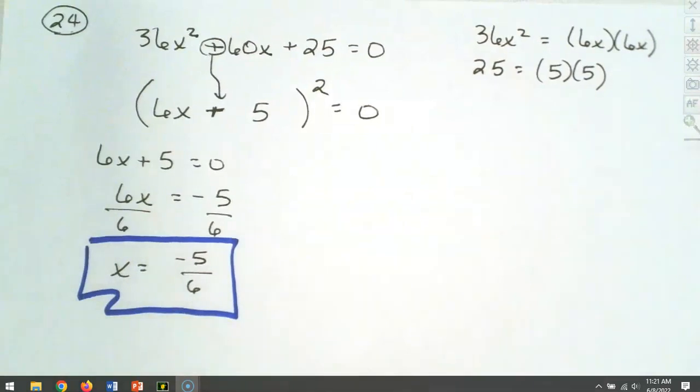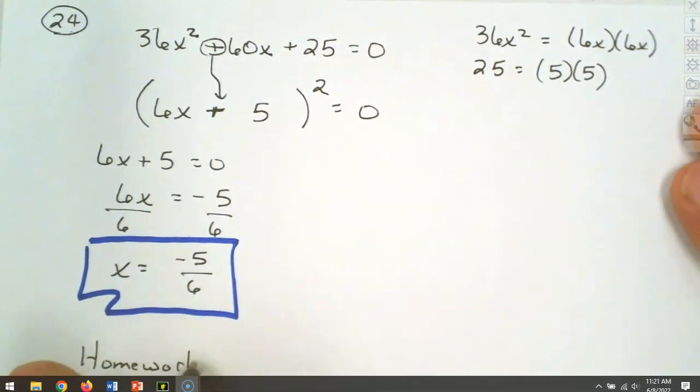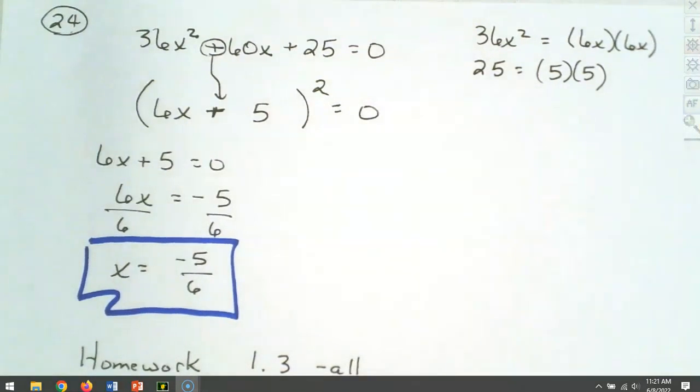Okay, so what's our homework? Our homework is 1.3, you should be able to do them all, and 1.4, you should be able to do that first set.